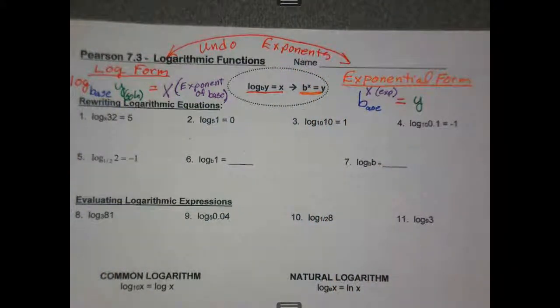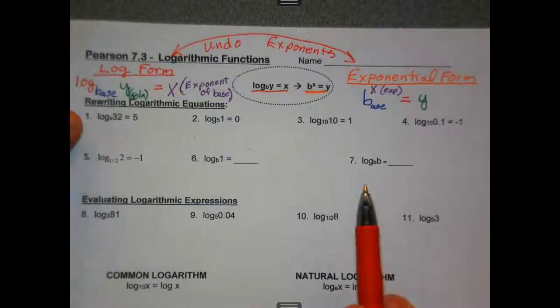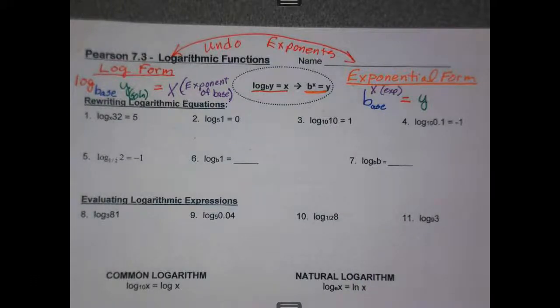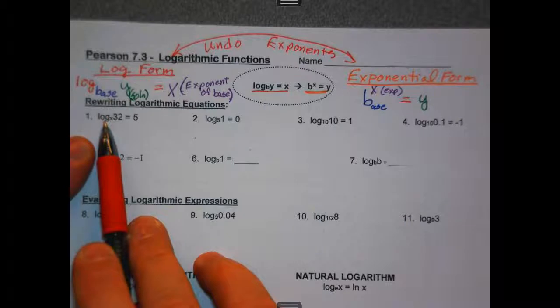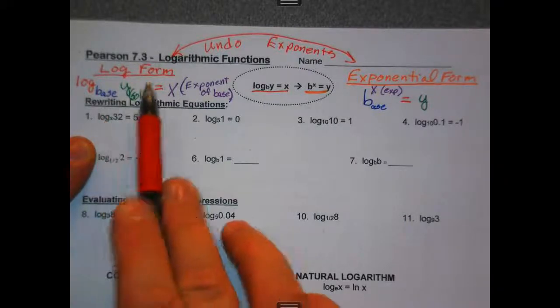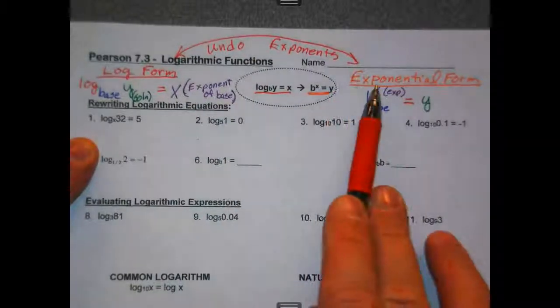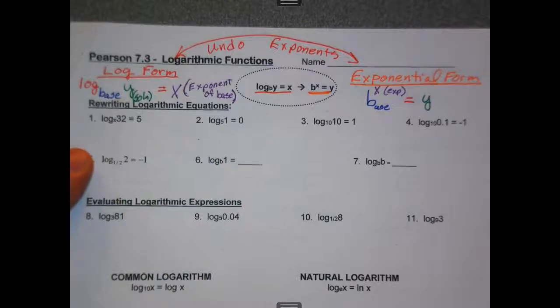Okay. Now, my other two algebra 2 classes did not have a problem with 1 through 7. So let's look at these. I'm going to take the log form and convert it to exponential form. So, looking at number 1, what's my base?